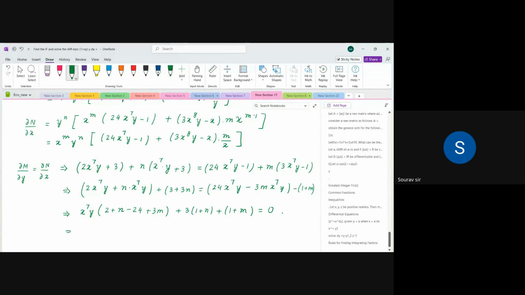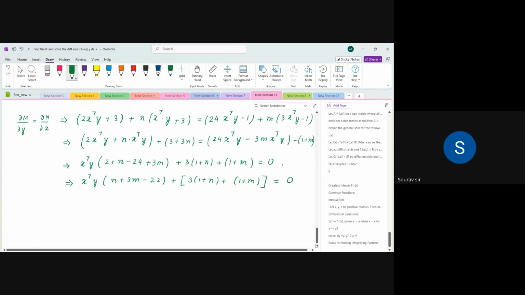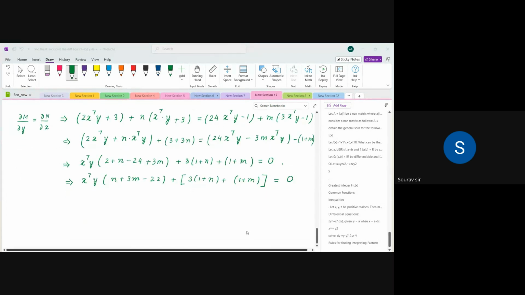Okay. So x raised to the power 7 is equal to n plus 3m minus 22 plus 3 into 1 plus n plus 1 plus m is equal to 0.